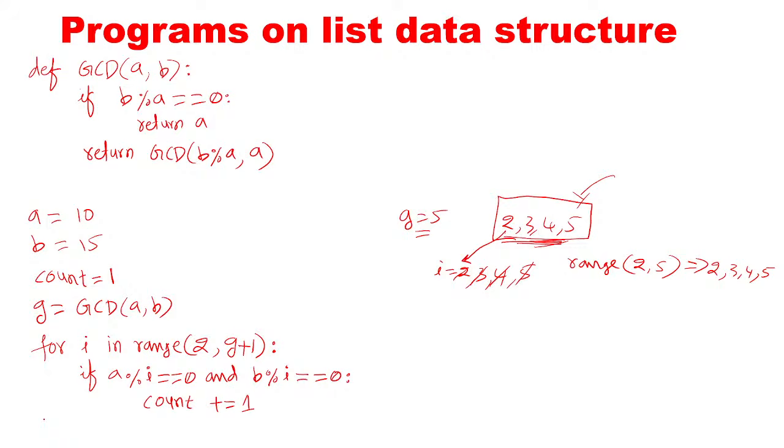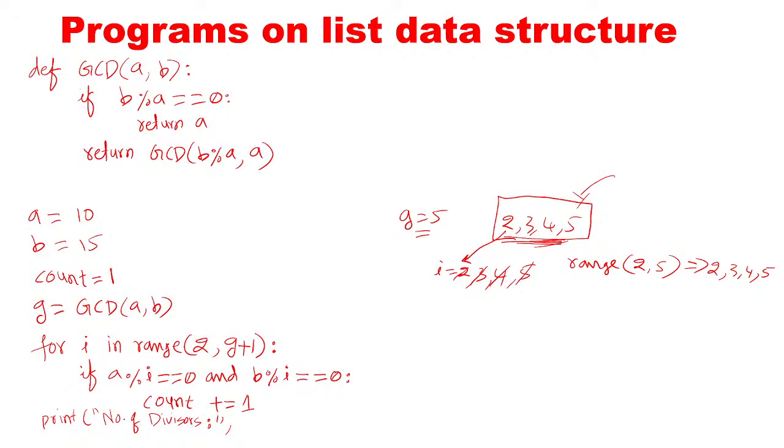Now after coming out of the for loop, you can just print here. The number of divisors. The problem is a simple application of GCD. That's how you should be able to identify the number of divisors.